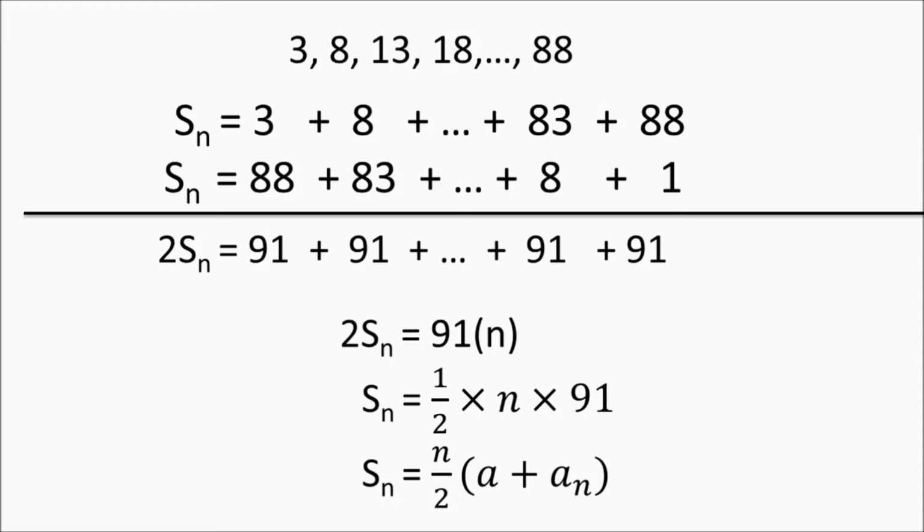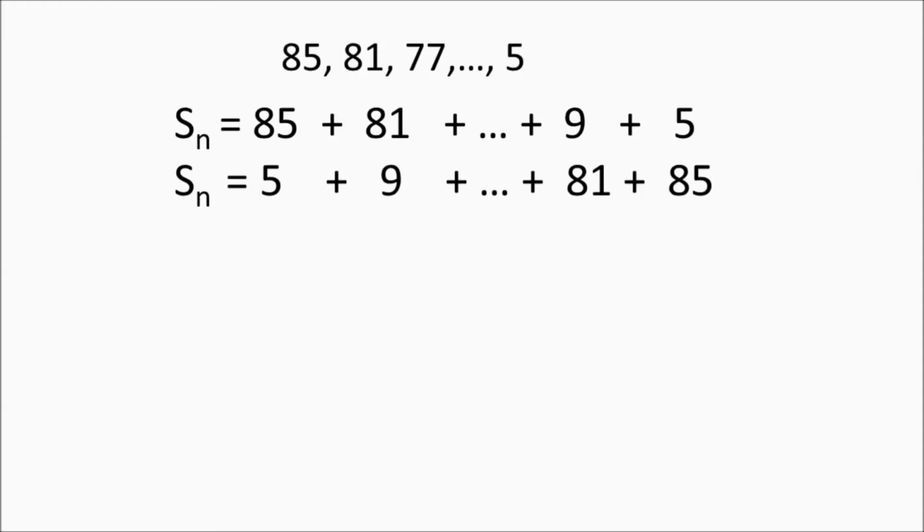Let's see another example: 85, 81, 77 up to 5. The first term is 85, the common difference is minus 4, and the last term is 5. The sum of n terms is 85 plus 81 plus up to 9 plus 5. Since it is commutative, Sn can also be written in reverse order, that is 5 plus 9 plus up to 85.